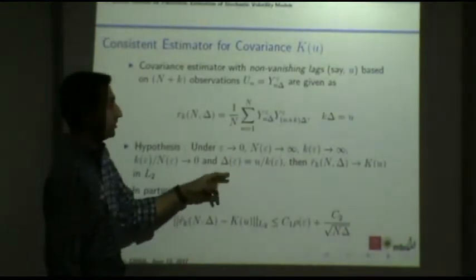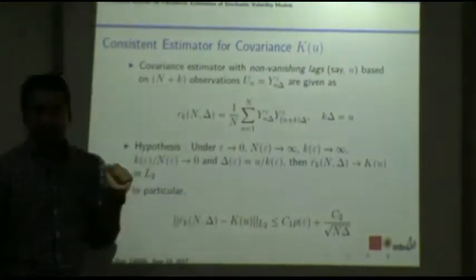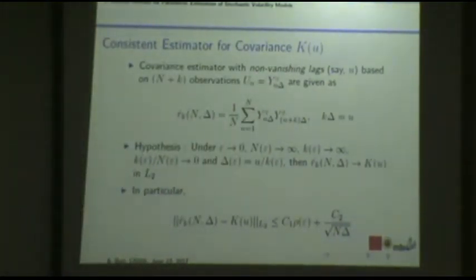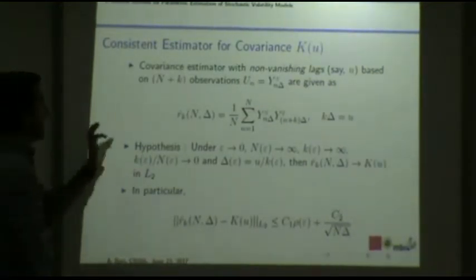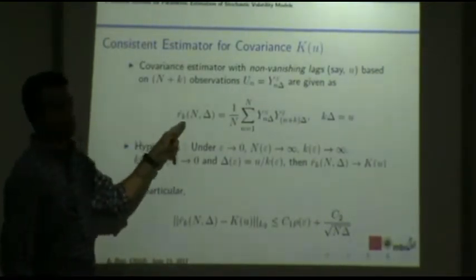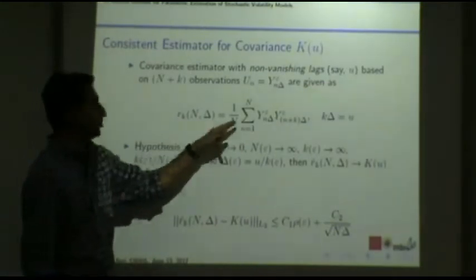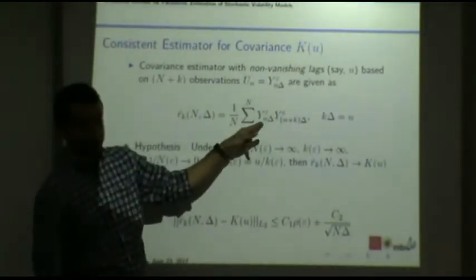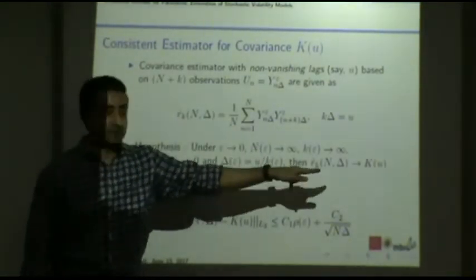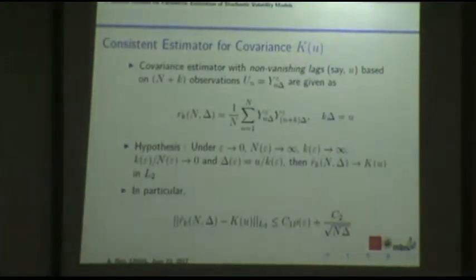That's obvious because I'm estimating the lag at u. Then I can prove that the covariance estimators based on the approximating process converge to the true covariance at lag u.